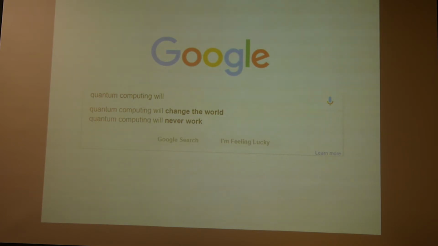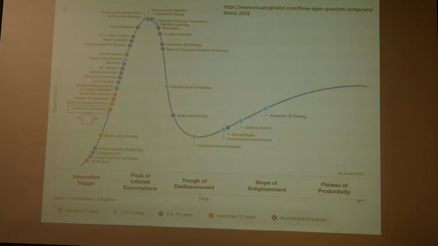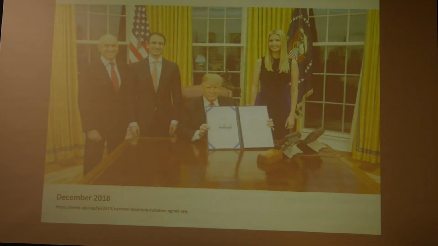If you Google quantum computing, you'll see that quantum computing will change the world, and another search is quantum computing will never work. Okay, with that being said, this is another famous photo now. Can you guess what is happening in this image? And why are we talking about President Trump in quantum computing?